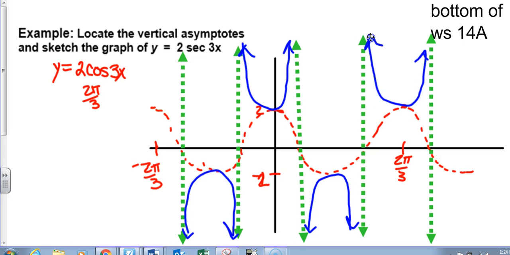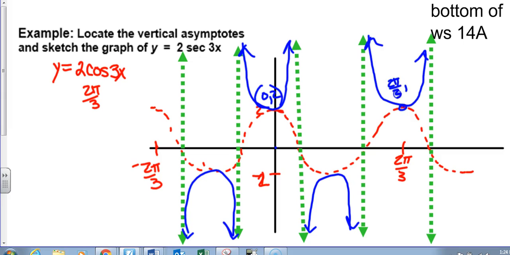Anybody got me for either one? An asymptote or an ordered pair? All right. Yeah, these are kind of tricky. If this is 0, 0, this is 0, 2. That wasn't too bad. This one over here is 2 pi over 3, 2.